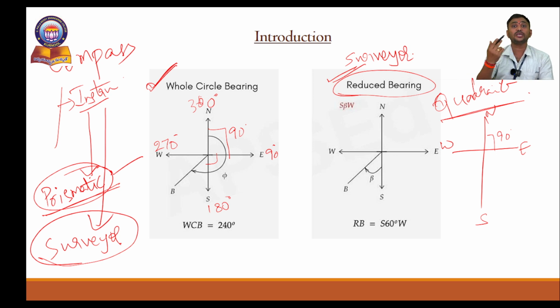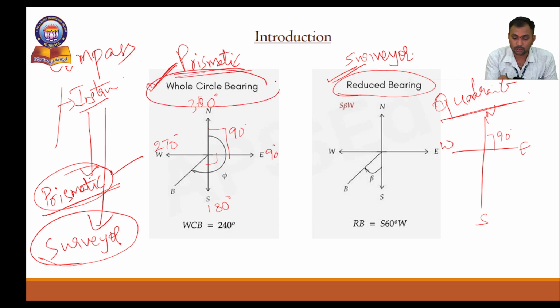Before entering the problem part, I am giving a small brief explanation of whole circle bearing and reduced bearing. When we determine the measurements of our land with the prismatic compass, the readings come under whole circle bearing.